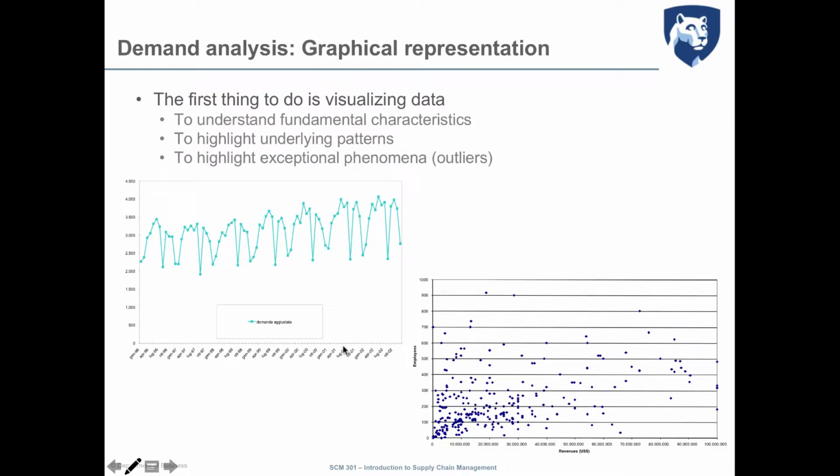Let's start with graphical representation. The first thing you have to do when you have data is to give a visual representation of the data, of the demand. This can be done through a simple graph, by plotting timing and value of the demand, or with a scatter plot, by crossing the value of the demand with the value of another variable, like in this case revenues with employees.